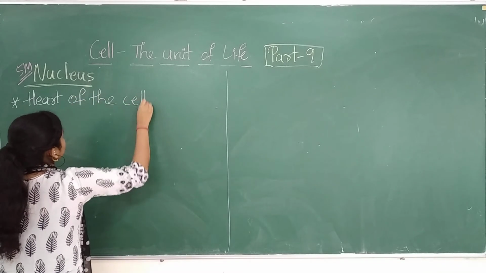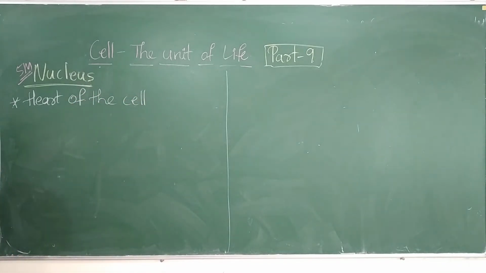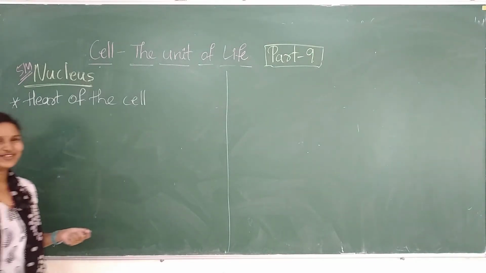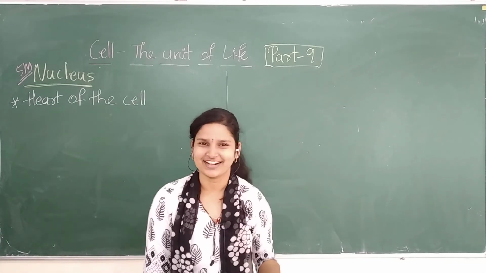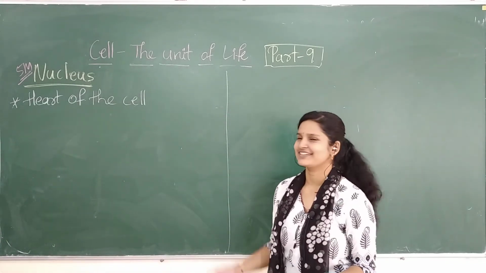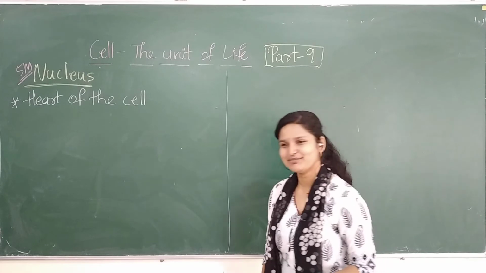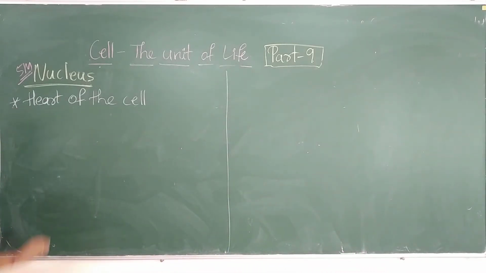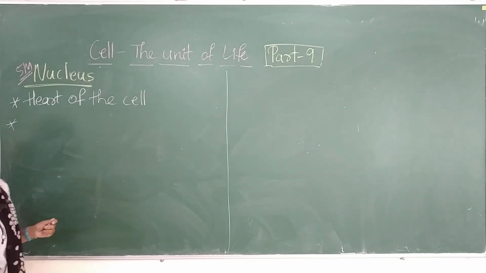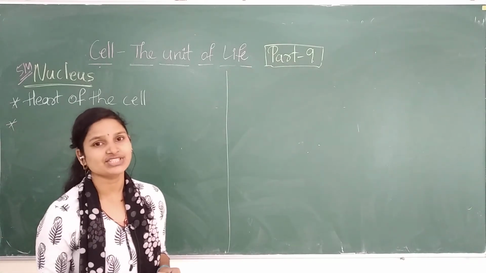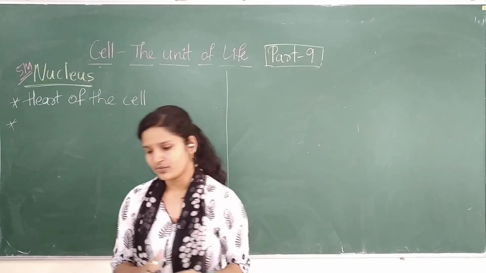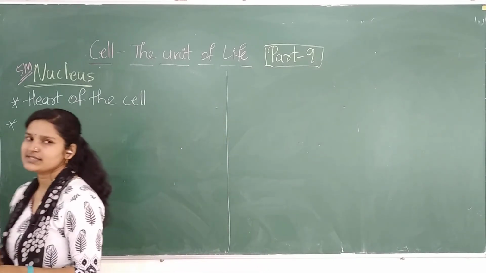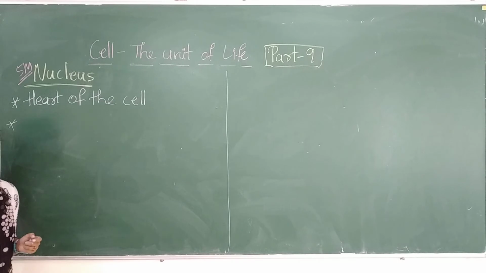I have told you heart of the cell, so you are repeating that only. Again, don't tell me heart of the cell. Nucleus is a membrane-bound structure which is present in the cell. In the animal cell it is present in the central part, whereas in the plant cell it is located at the periphery.